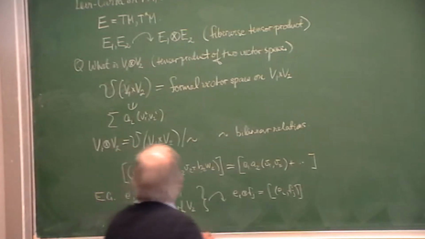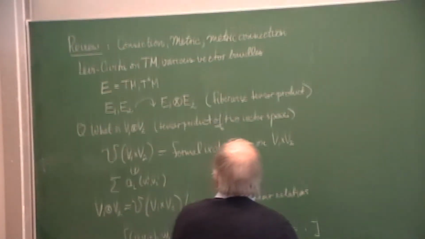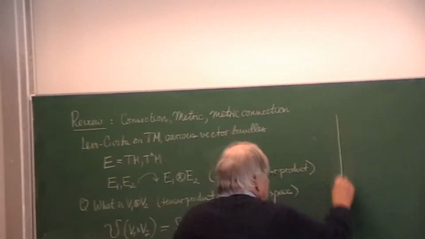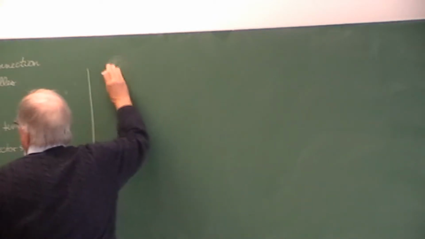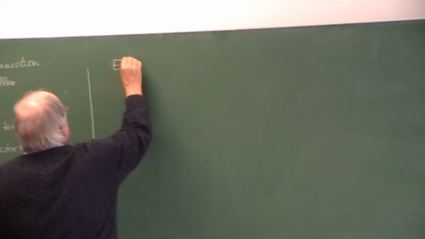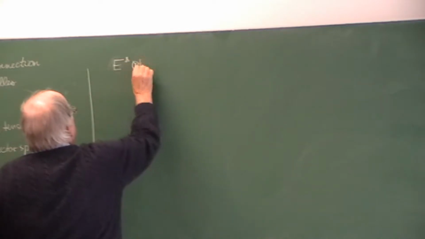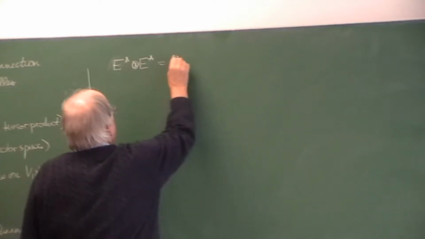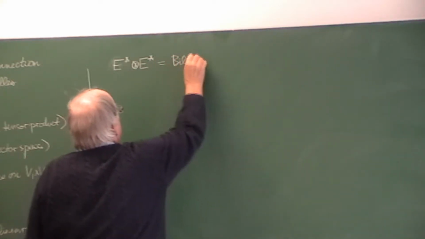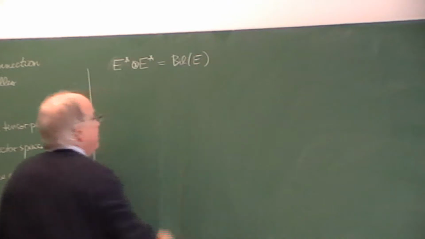So it's a fundamental thing to take tensor products of bundles, and we know, for example, E star tensor E star, the dual, that is what I'm calling the bilinear forms on E, right?